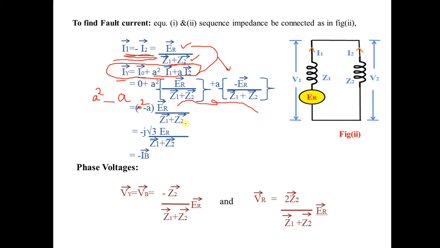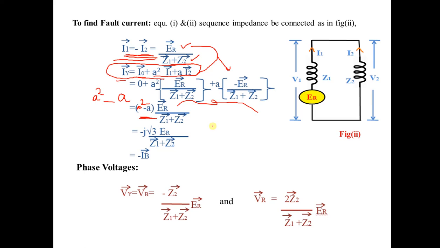Here we know the condition. In the first video we saw the identity. When it is a square minus a, we write this as minus j root 3. From the first video, we write a minus a square as j root 3.